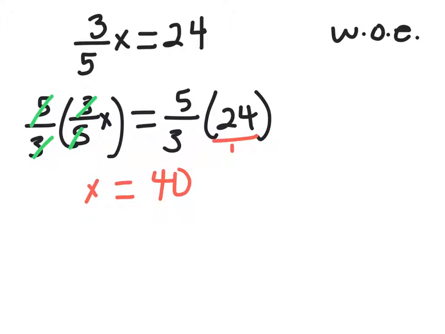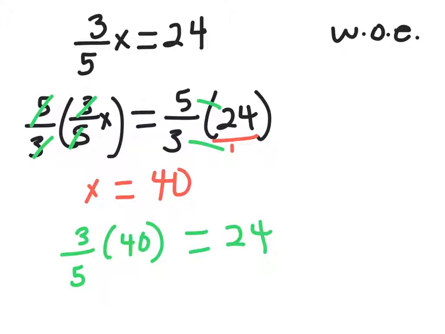Just to make sure, you're multiplying 5 times 24 and 3 times 1, because 24 would be over 1, and by the time you work that out, it does equal 40. You can go back in and plug in your answer. So x would be 40, and 24 equals 24.